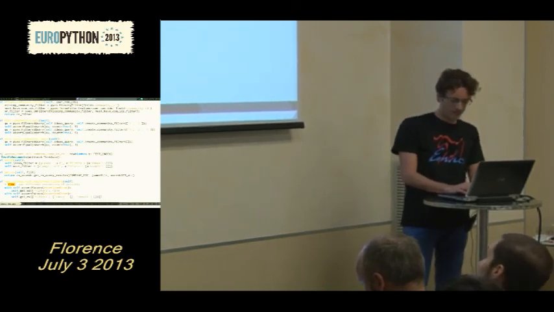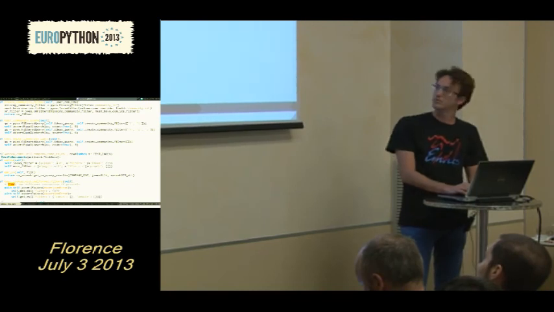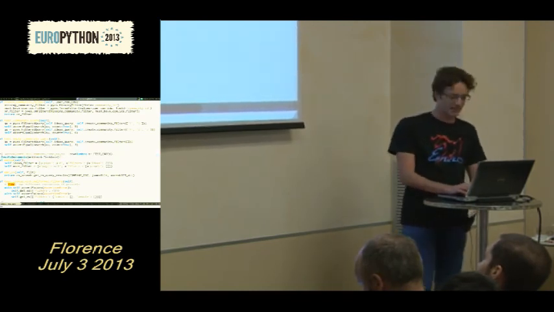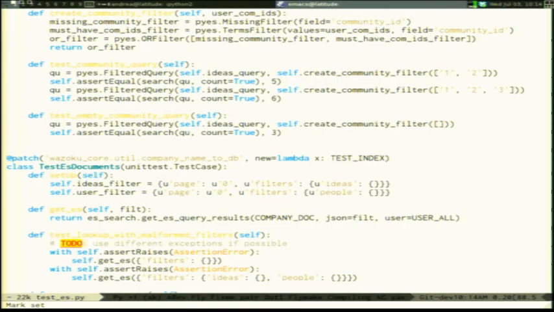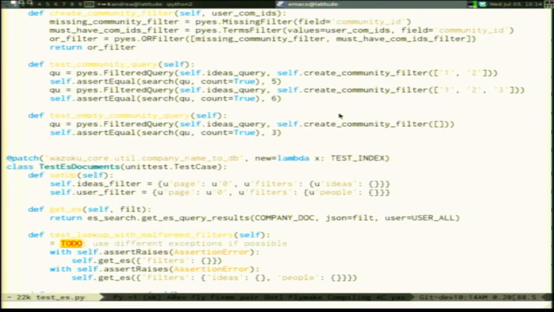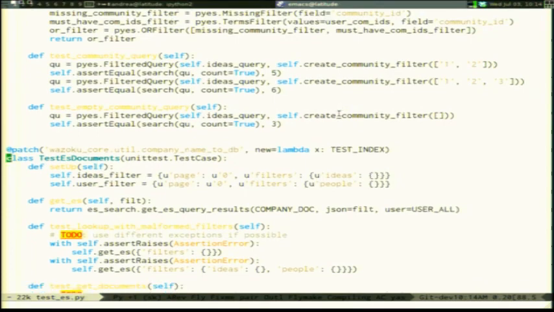So here I have something unit testing Elasticsearch, which is important because I still don't understand how it works, so I need to have some tests. And then I have a function, company name to DB, which returns me something, but I don't want to actually call this function because it doesn't make sense, and because I'm using a test index.